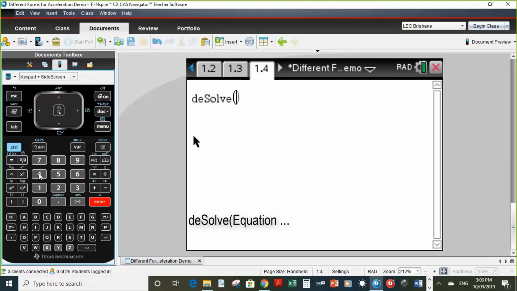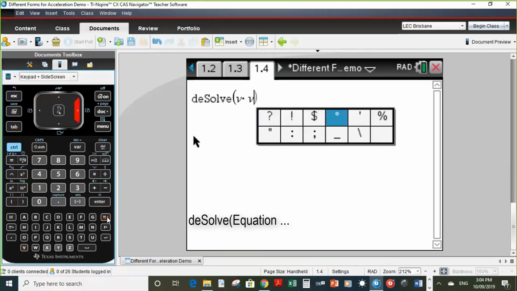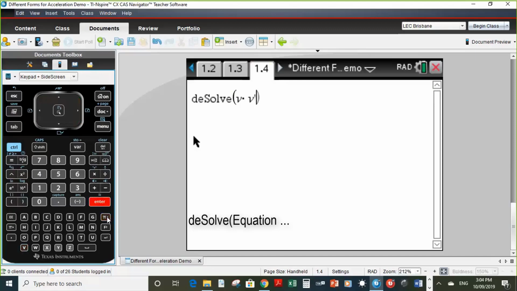Now, TI-Nspire CAS recognises the dv/dx as v prime. So our left-hand side will become v multiplied by v, and we need to find prime. So if you press the button that contains the question mark and the exclamation mark and scroll across, you'll find the prime, right? So that there represents dv/dx.